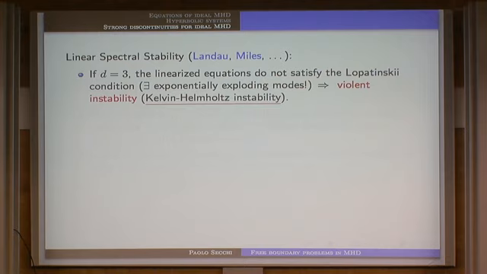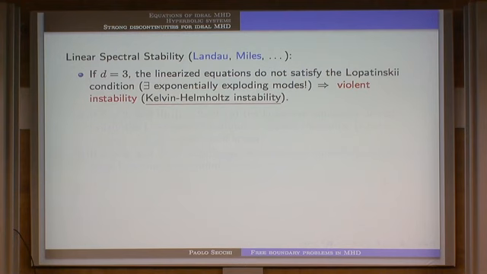The linear spectral analysis says that in dimension 3, the Lopatinsky condition is always violated, so we have ill-posedness, the so-called Kelvin-Helmholtz instability.